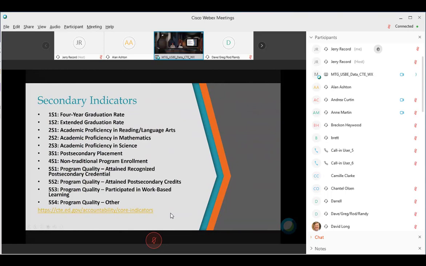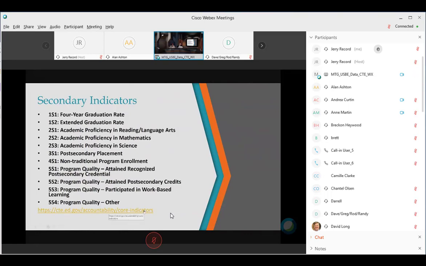We have to choose one of the next three for the program quality indicator: attained a recognized post-secondary credential, attained post-secondary credits, or participated in work-based learning. And then 5S4 is another program quality indicator that we have to have in addition to one of the previous three. We're probably going to use skill attainment for that and use our CTE skills tests.